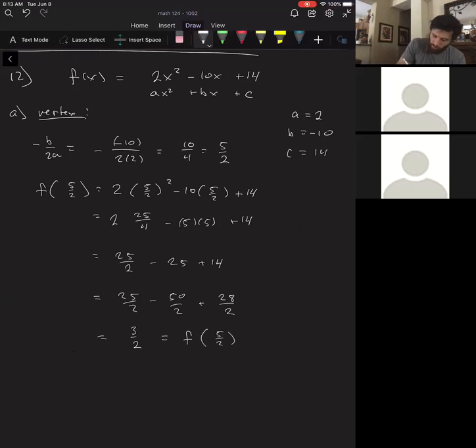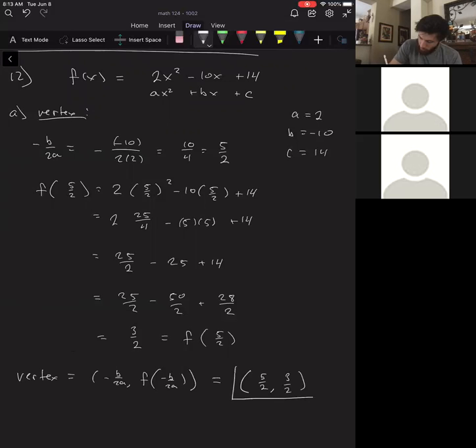So now we know our vertex, all we need to do is set the point. So the vertex is equal to negative b over 2a, f of negative b over 2a. From calculating above, negative b over 2a was positive 5 over 2, and when we plug that value inside of f, we got 3 over 2.